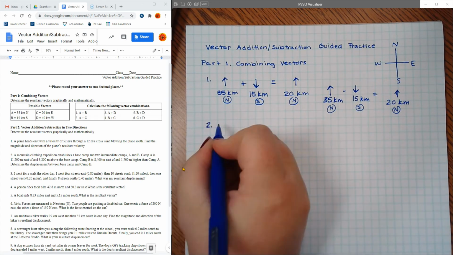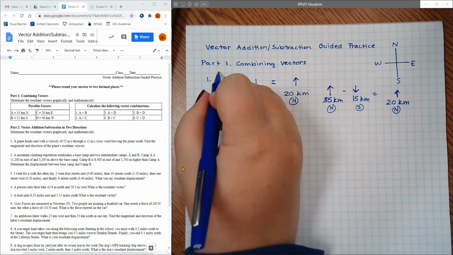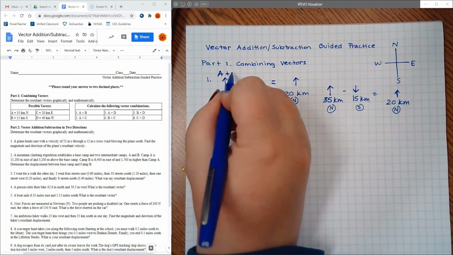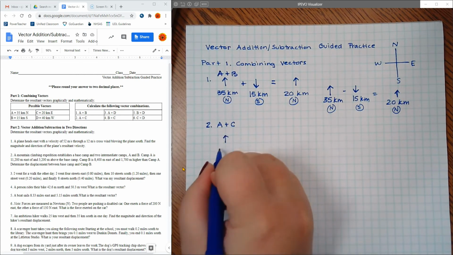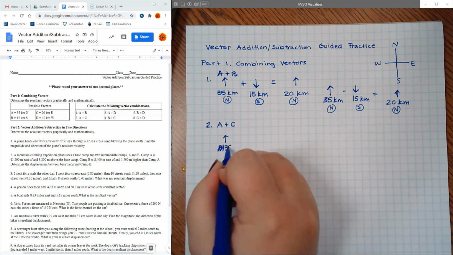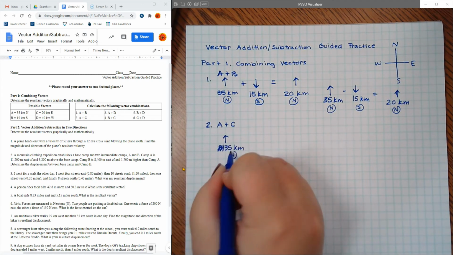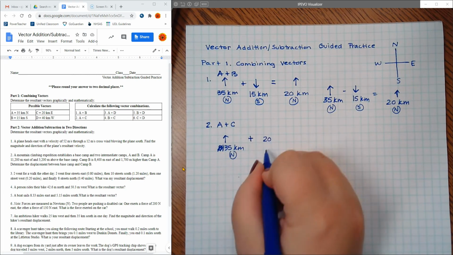For number 2, I'm adding vector A and C. So again, A is 35 kilometers north, and C is 20 kilometers east.